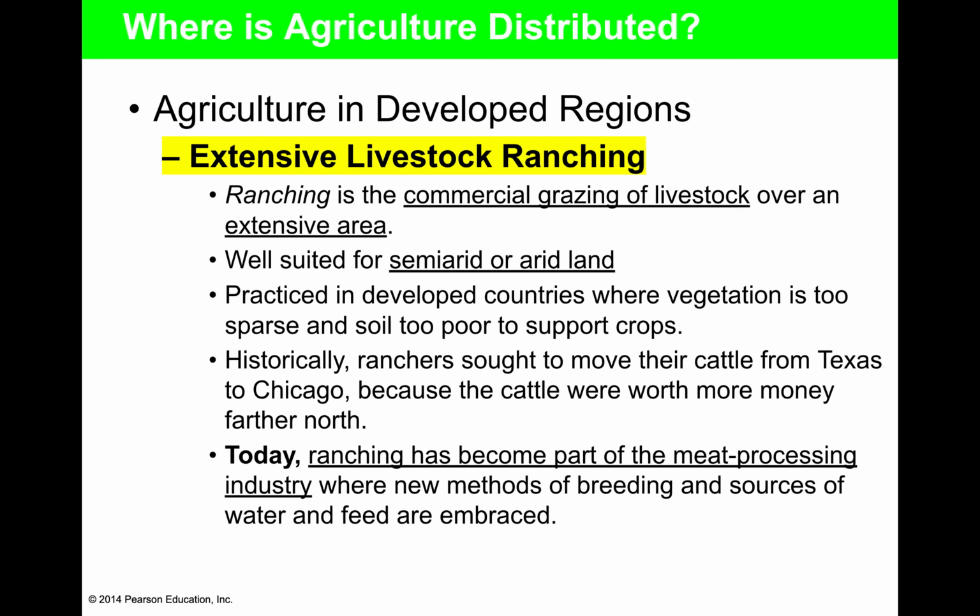However, it's declining. Much of ranching today has been replaced by moving to local feedlots along major railroads or highway routes. And many ranchers have converted to growing cash crops instead of ranching because of the efficiency of feedlots.